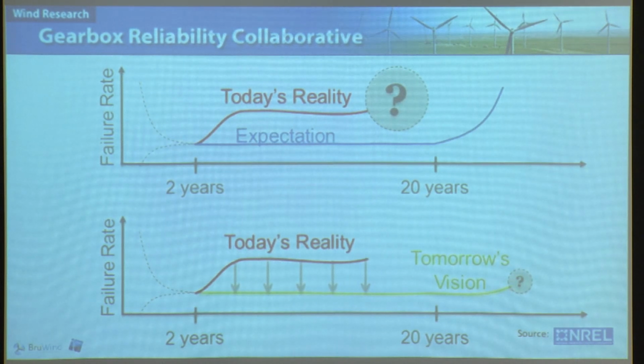You have failure in the beginning, the children's diseases, and then it gets stable, and towards the end of its lifetime, you start having issues again. That's what you expect. You can calculate for this, you can predict it, and your maintenance strategy can be optimized for this. The thing is, in reality, we see that there is premature failure. There are certain things going wrong when the curve should be flat.